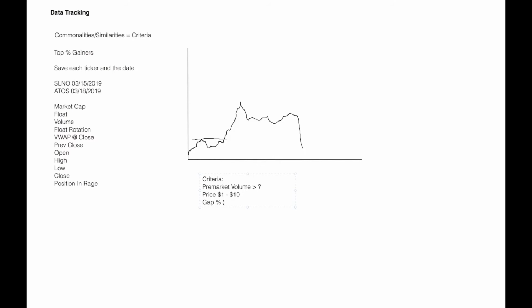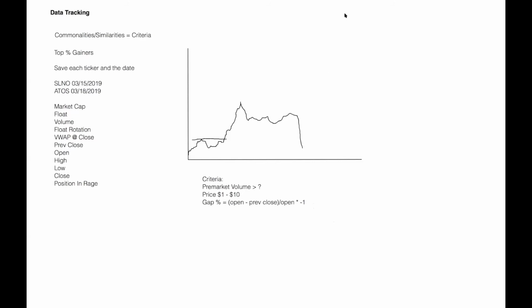So gap percentage is nothing more than the open minus the previous close divided by the open times -1. And you can always test for the gap percentage now and find out if it gaps this certain percent pre-market, breaks the pre-market highs, it tends to squeeze.